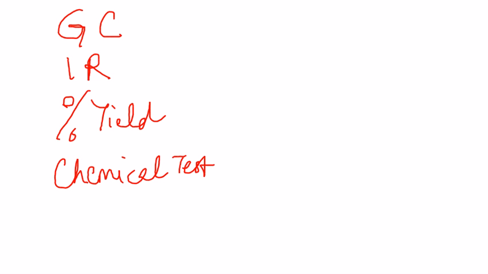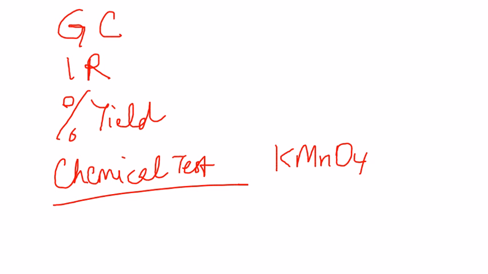The chemical test is similar to what you ran in Organic 1 as well, that you treat it with KMnO4. So you're going to take 3 to 4 drops of your product.